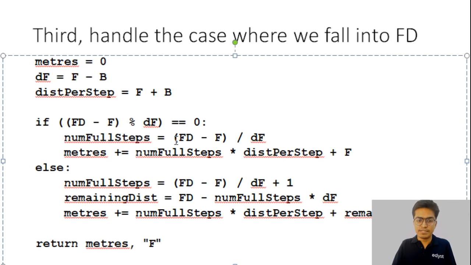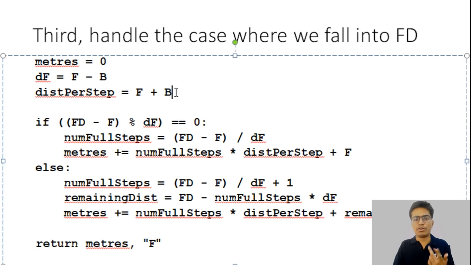Number of full steps, this is the number of full steps, that is the pairwise step that we take, and the distance in terms of meters that we have ended up traveling is your number of full steps times distance per step. So in each one of these pairwise steps you travel f and then b, right?